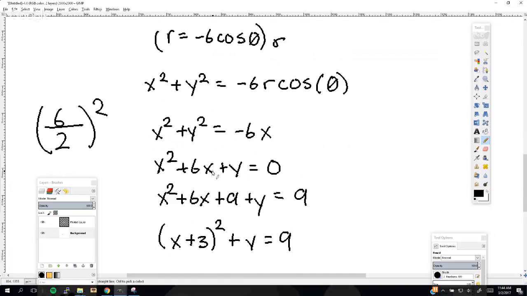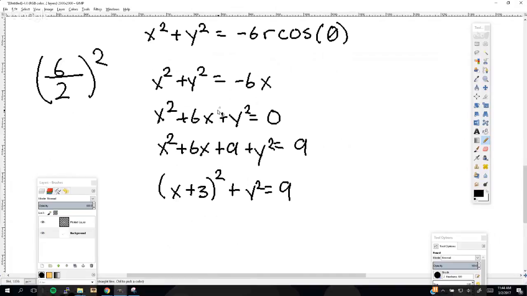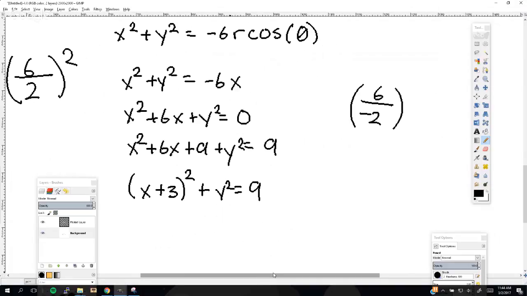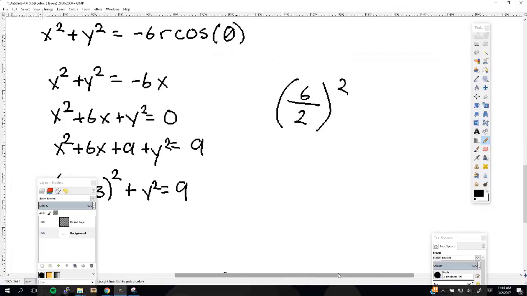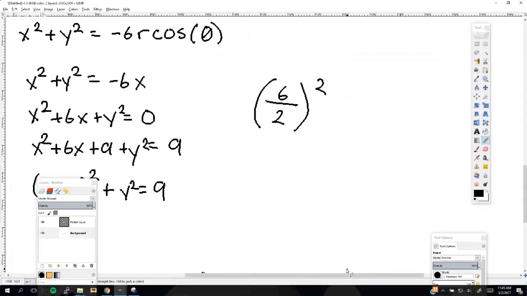So how did we do this? We were the same up until there. From the video I watched, it says that you divide the 6 by 2, and then out to the side you square that and add it. Why -2? Oh, sorry, not -2, just 2. I don't know why I said -2. And then you square it.